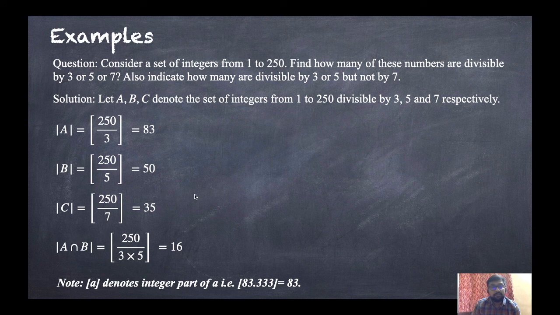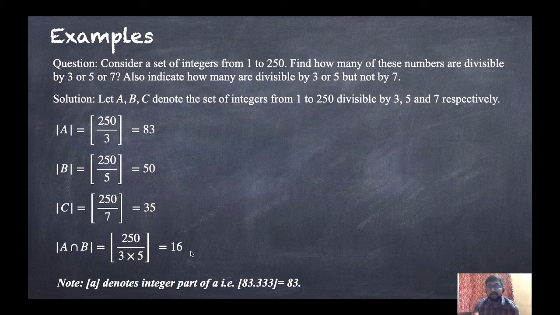Now, what will be A intersection B? That means how many numbers are divisible by 3 as well as 5. So 250 divided by 3 into 5, and that will be 16.